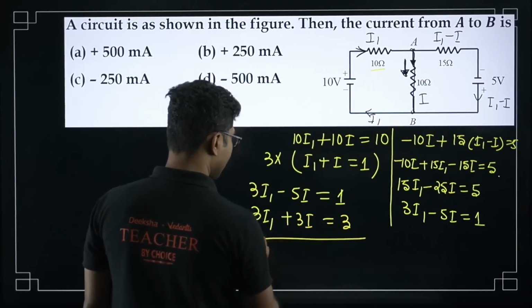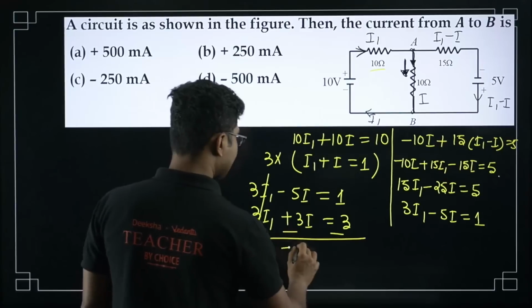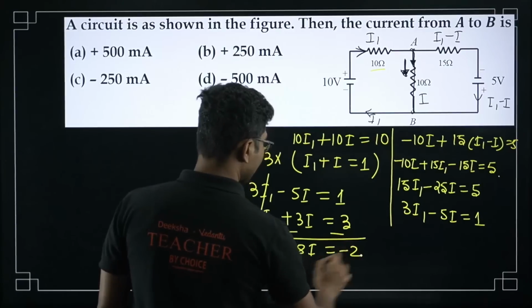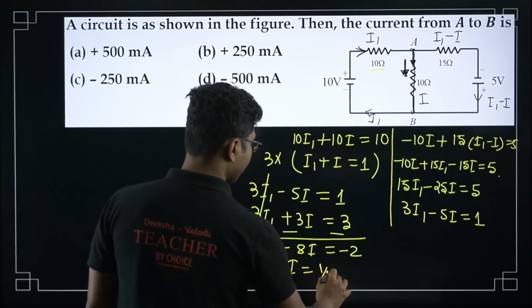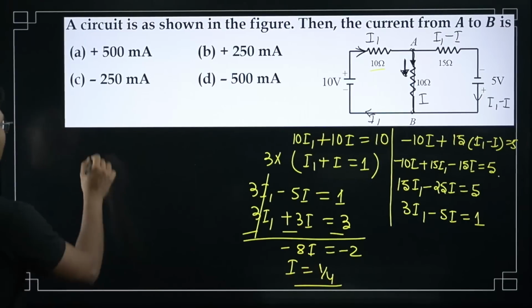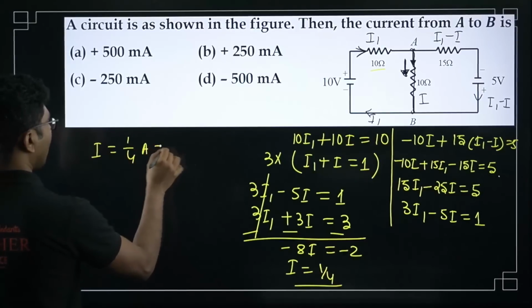Now just do the subtraction. Okay, you get this cancels, and you get minus 8I equals to minus 2, or I equals to 1 by 4.